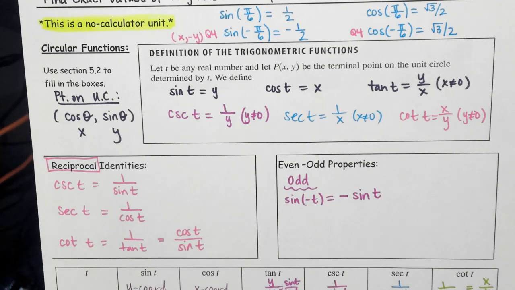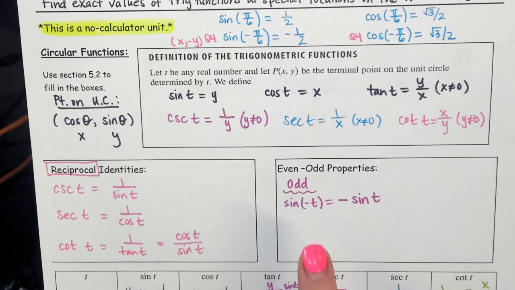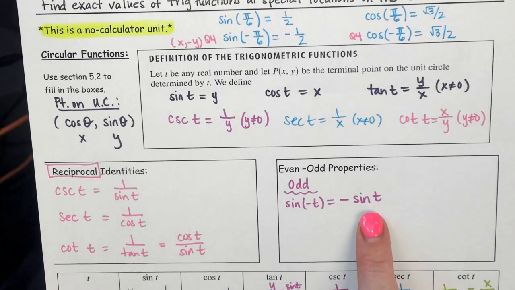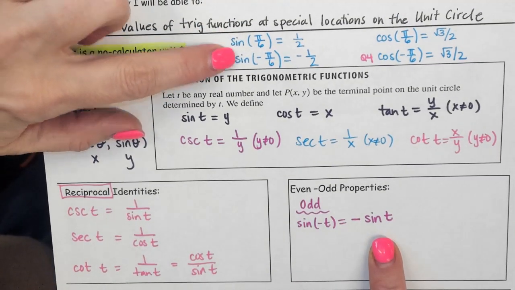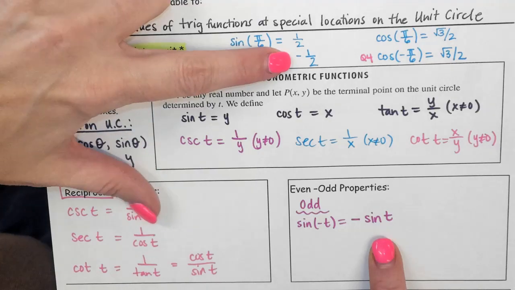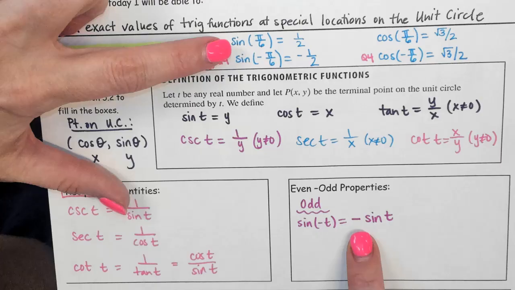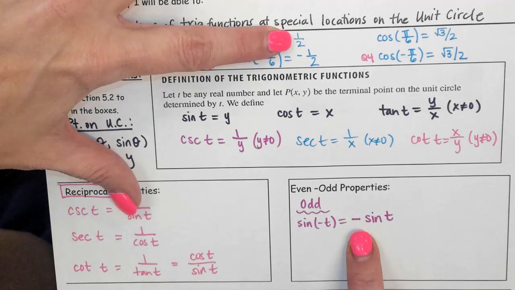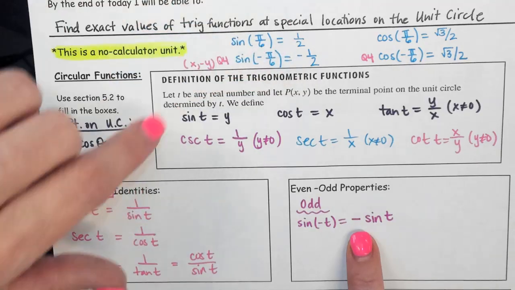Okay, you might remember when we were studying polynomials and the directions their ends went in. If it was odd, they went opposite directions. Okay, here if it's odd, you are going to get the opposite value of the sine. So let's look at how that applies here. If you did the sine of negative pi over 6, you would get negative 1/2. That's equal to the opposite of what we get at sine of pi over 6. Okay, so these two values are opposites.